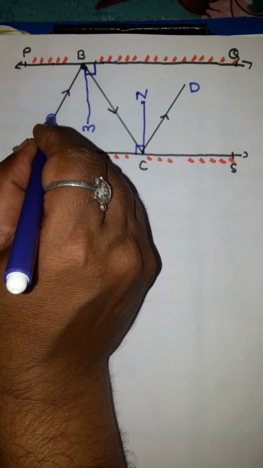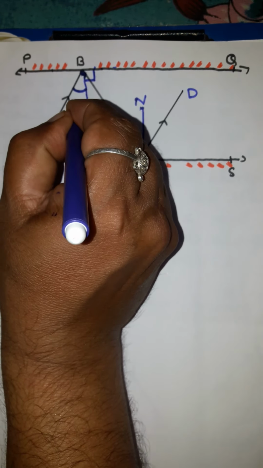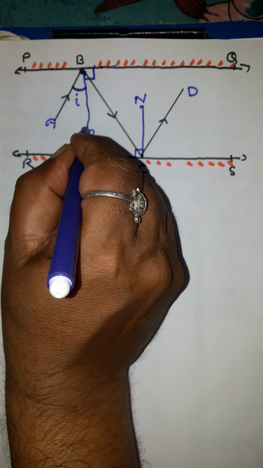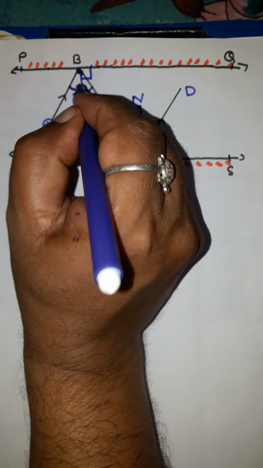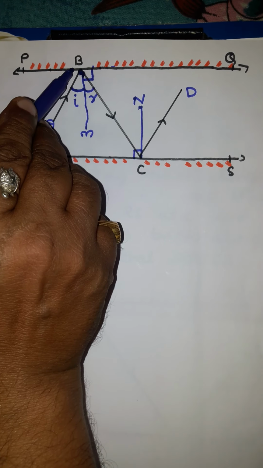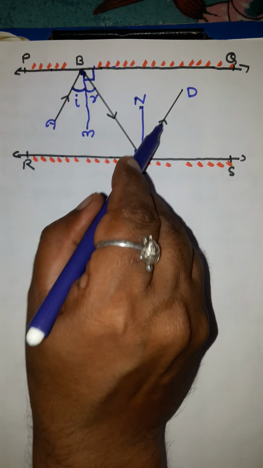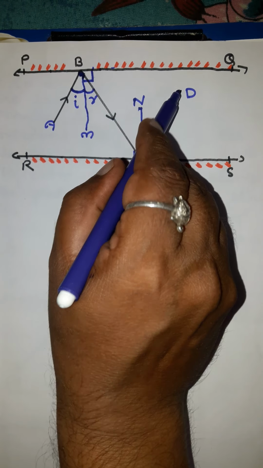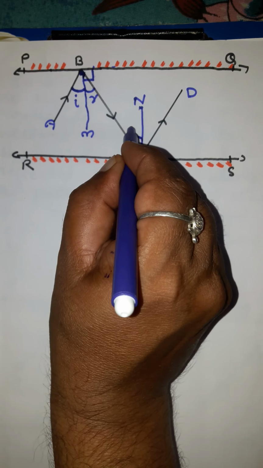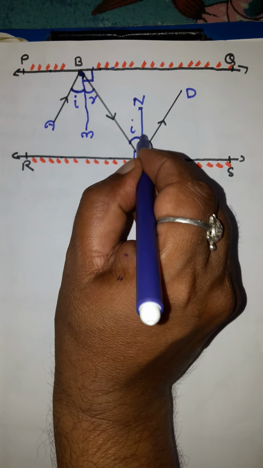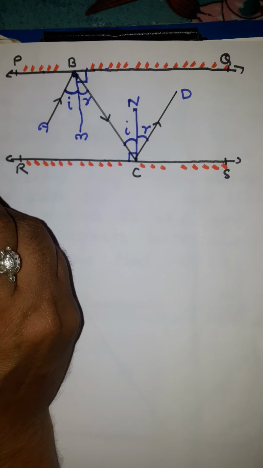Now here, angle ABM is the angle of incidence, angle MBC is the angle of reflection. Again the light ray after falling at point C is reflected along path CD. So here again the light ray is incident. This is the angle of incidence. Again this becomes the angle of reflection.